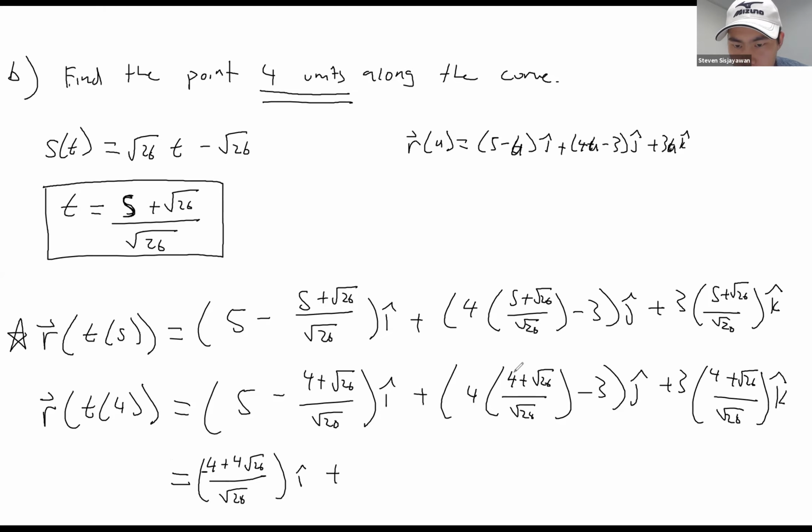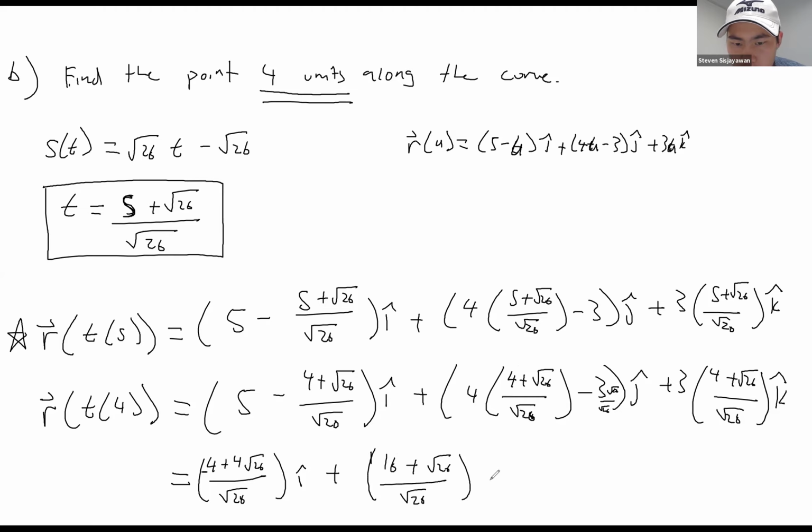Plus 16 square root of 26, so that'll be square root of 26 all over square root of 26. So that will be 3 square root of 26, 4, so that'll be 16 plus square root of 26 all over square root of 26.